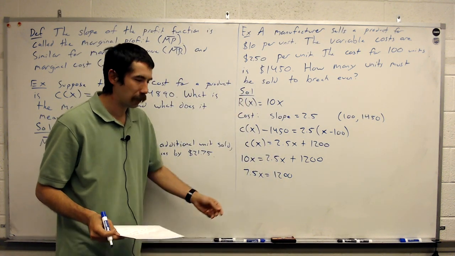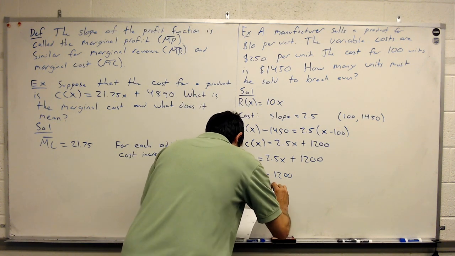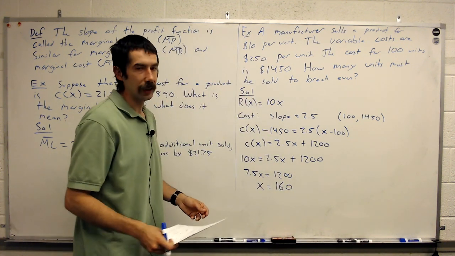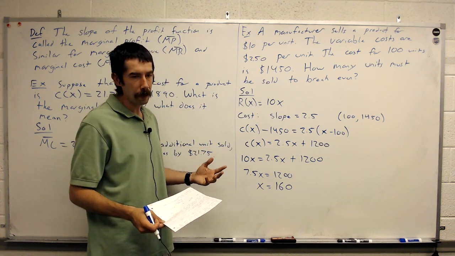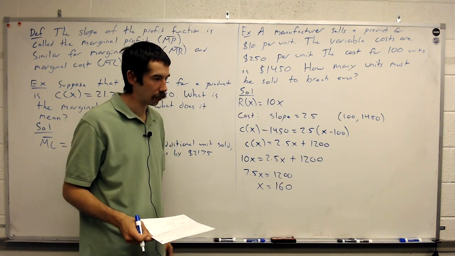And now we'll divide both sides by 7.5, and we have x equals 160. So once 160 units are produced and sold, this company has broken even. The next unit will make them profitable.